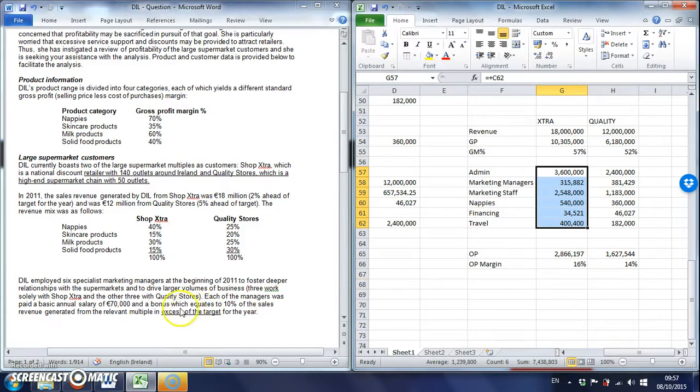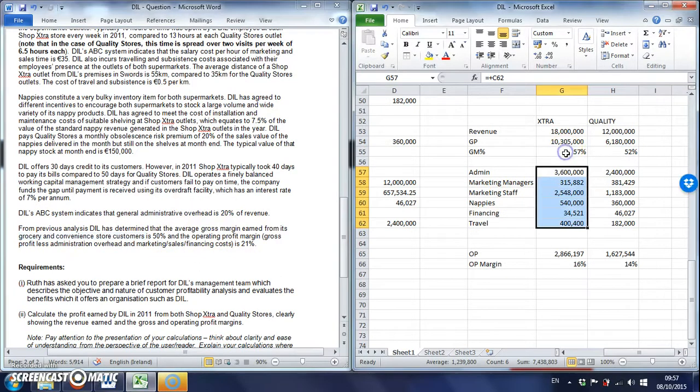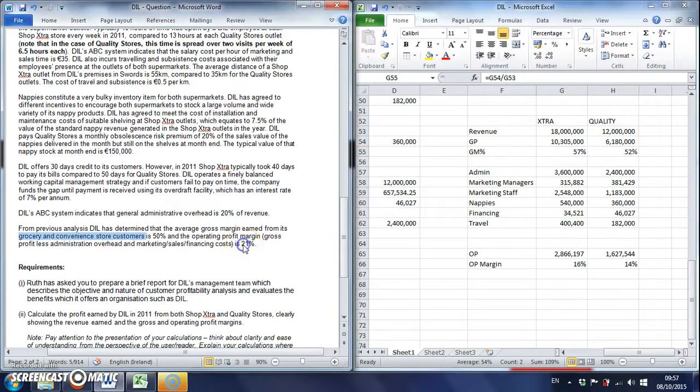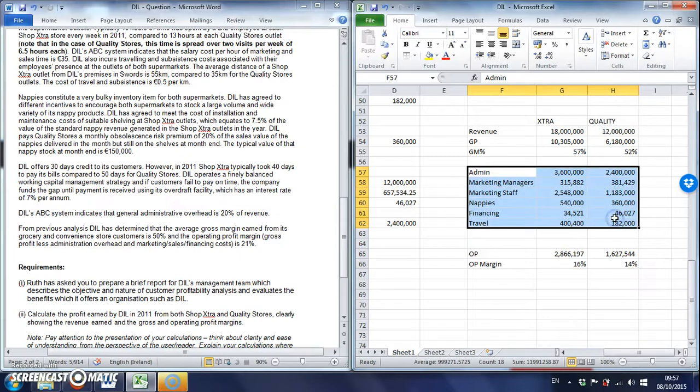The other point is to comment, in comparison to your current customers of grocery and convenience, they have a gross margin of 50, so actually the margin at a gross profit level is more from the supermarket multiples. But when it falls down to the operating profit, which you're more worried about, it's a lot higher. And the good students will pick out that it is more likely consistent with what Ruth has said, that the supermarkets are more intensive in terms of the resources used from overheads.